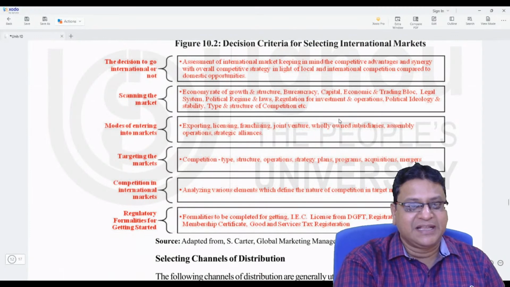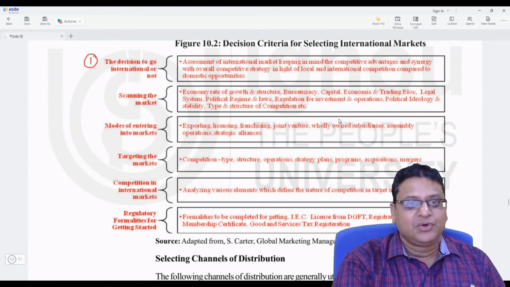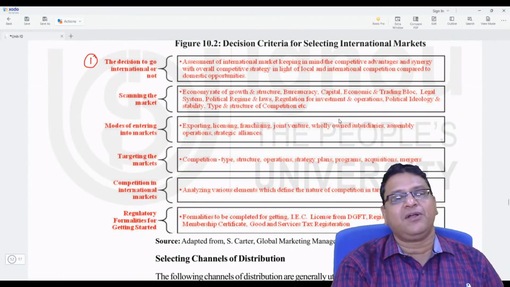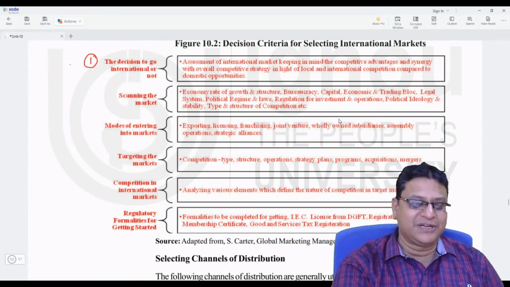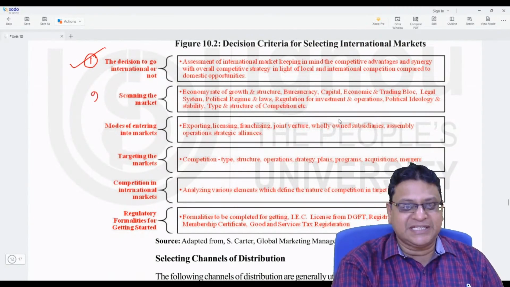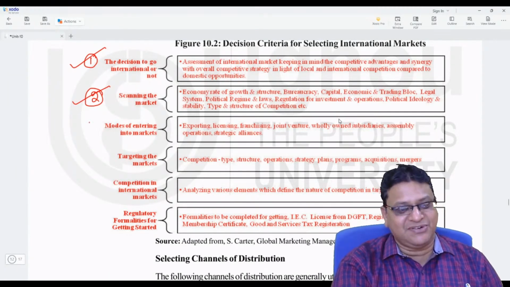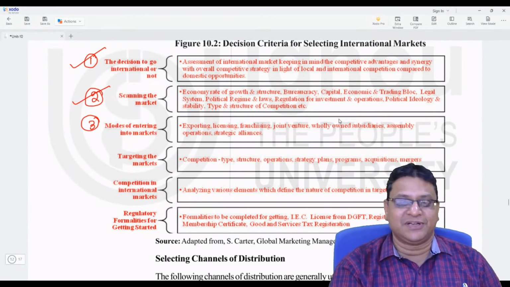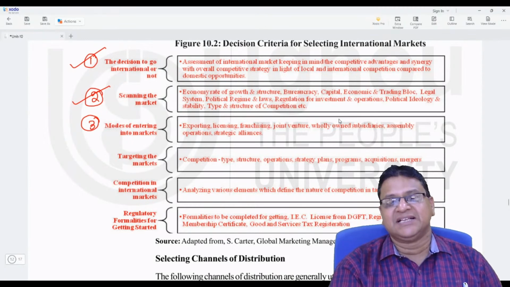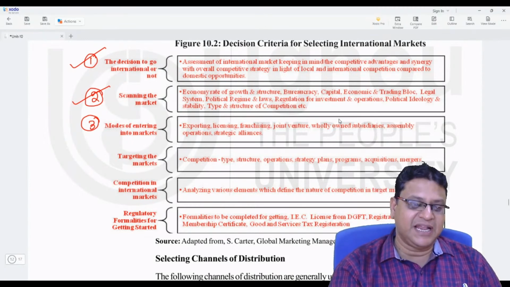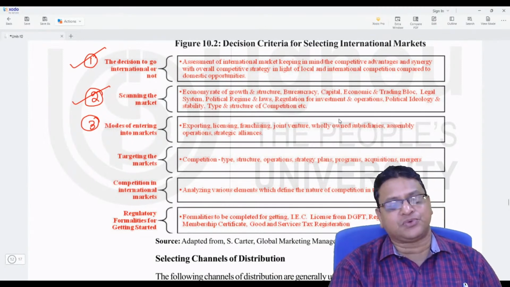First decision, it takes the decision to go international or not, whether the company will go international or not. Second decision, it will scan the market. Third decision, it has to take the mode of entry, whether it will enter through exporting, licensing, franchising, JV, wholly owned subsidiary, assembly operation, strategic alliance, in which mode it will approach.